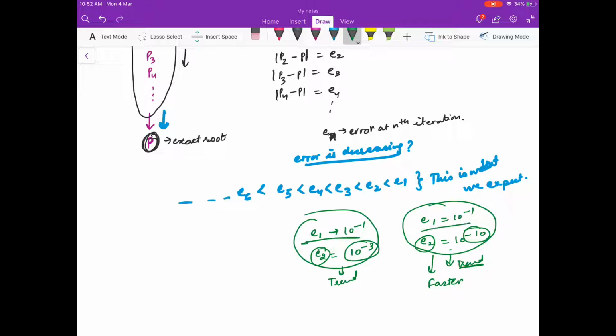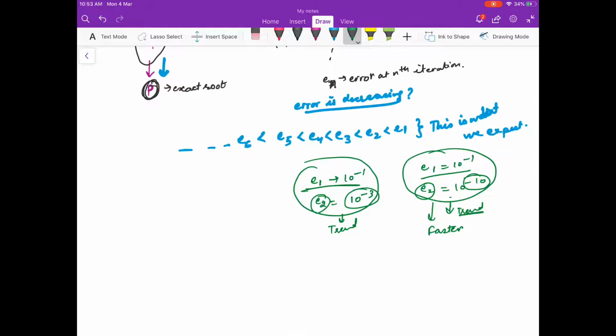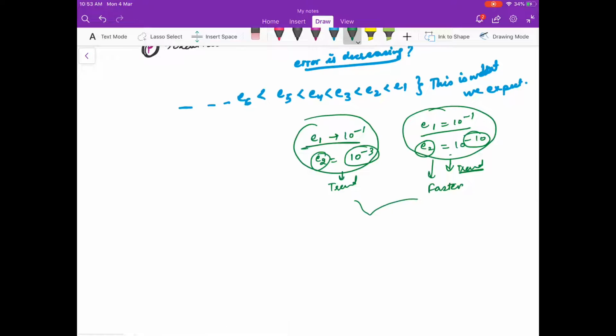So for defining these things, we have this: if error at n plus 1th step upon error at nth step raised to power alpha, this is in the limiting case, because in the beginning this may not happen, is equal to some constant lambda.